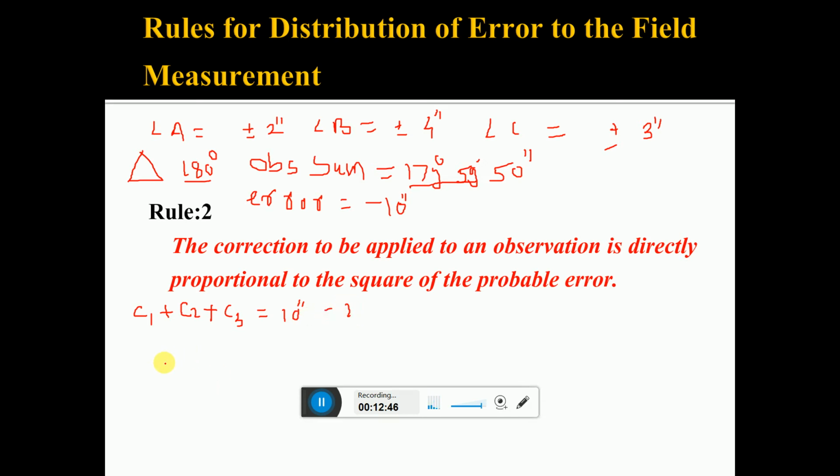Then another equation you can write is, according to this law, C1 : C2 : C3 is equal to, corrections are directly proportional to the square of the probable error. For angle A, C1 is proportional to 2 square, C2 is proportional to 4 square, and C3 is 3 square.